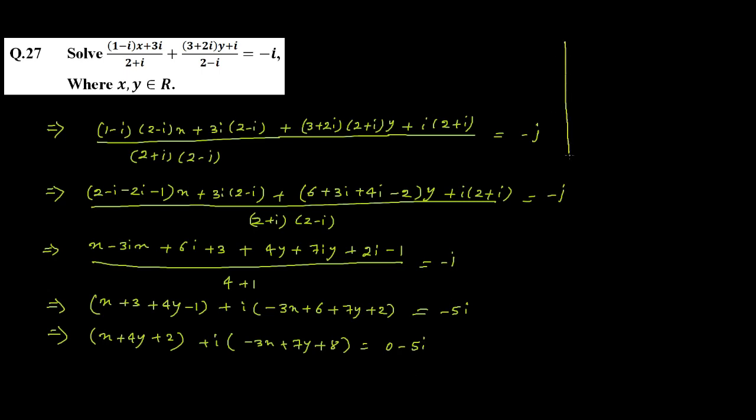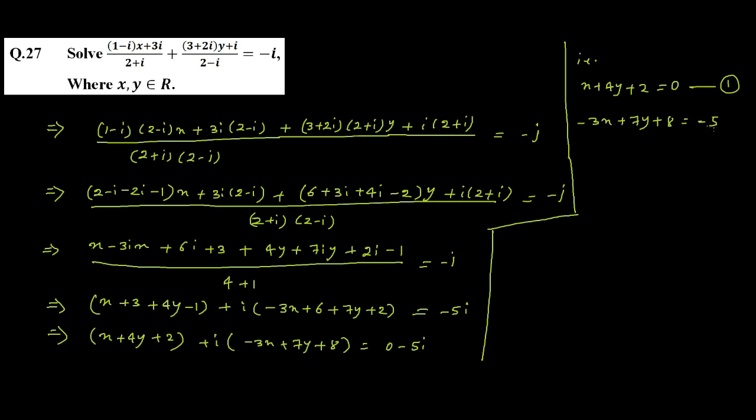Now let's apply the equality of complex numbers concept. Two complex numbers are equal if their real part and imaginary part are equal respectively. That is, x plus 4y plus 2 is equal to 0. This is equation 1. And minus 3x plus 7y plus 8 is equal to minus 5. This is equation number 2.